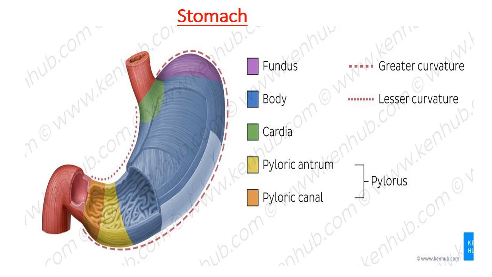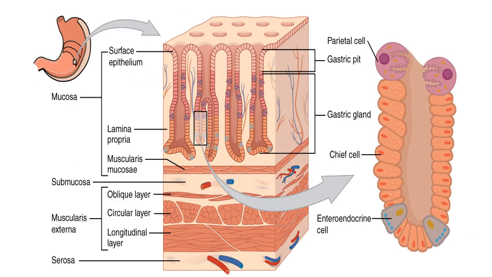One is the upper, the gastroesophageal sphincter between the esophagus and the cardiac part of the stomach, hence also known as the cardiac sphincter, and the lower one is called the pyloric sphincter, or we can say gastrointestinal sphincter, which is present between the stomach and the duodenum of the small intestine.